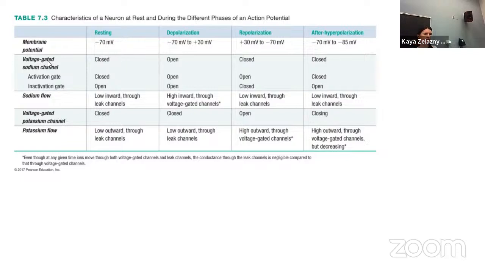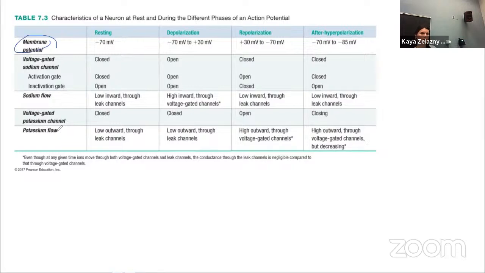So you can trace what's happening to the charge, to the membrane potential, you can trace what's happening specifically to each of the gates, where the sodium is going, what's going on with the potassium channels, and what's going on with the flow. If you want to fill out yourself a blank chart, that is a way you could study these things.